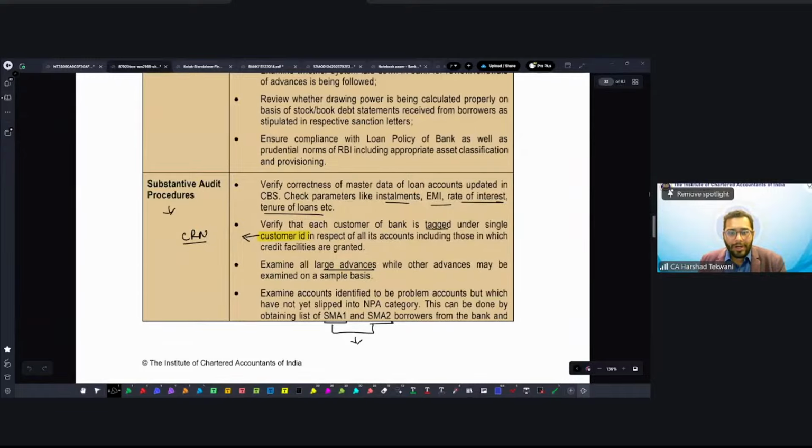We will see where the requirement is coming from and how the bank is required to fulfill it. So let's go first to the Banking Regulation Act, and then we will go to the RBI Act also for this purpose. Just a minute.